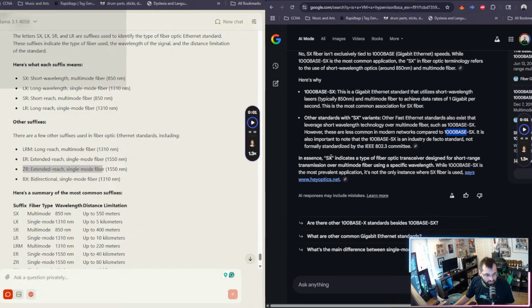In essence, SX indicates the type of fiber optic transceiver designed for short range transmission over multi-mode fiber using specific wavelength, while 1,000 SX is the most prevalent application. It's not the only instance where SX.